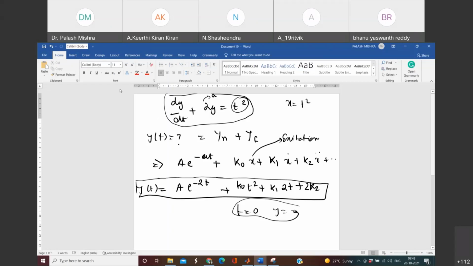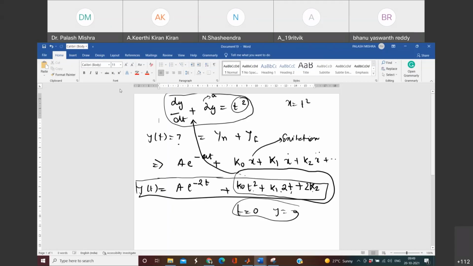So how can you find the further unknowns? This is the forced response of the system: k naught t square plus k1 times 2t plus 2 times k2. You have to put this again in the differential equation. I have told you in the previous slides that the forced response will always satisfy its own differential equation.